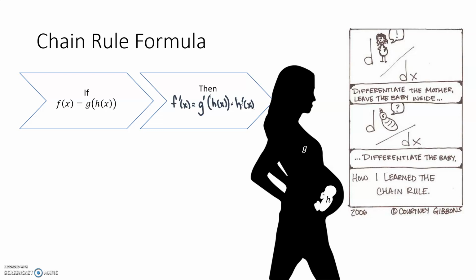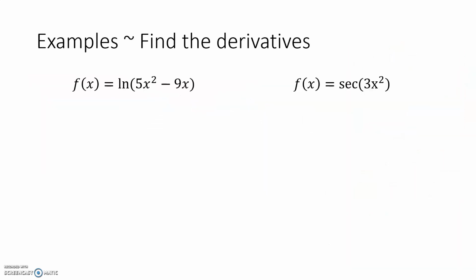We'll do an example. Don't have to think about pregnant women the whole time. Looking at the first one here, see how natural log is pregnant. Natural log is the mom. The baby is 5x squared minus 9x.